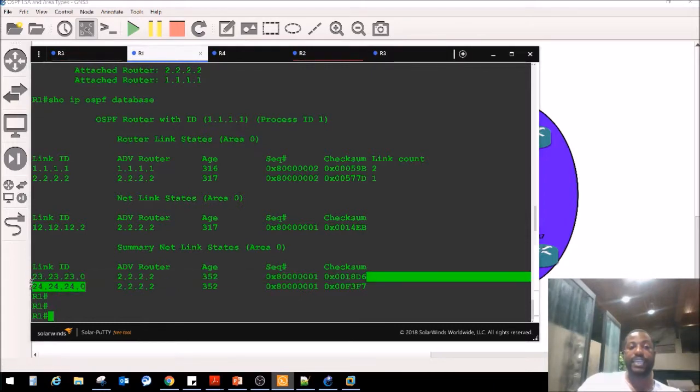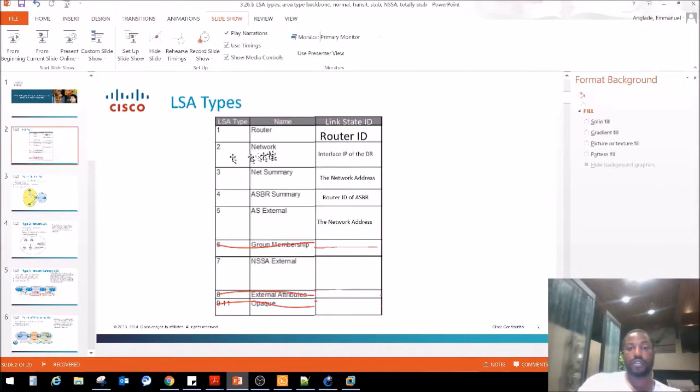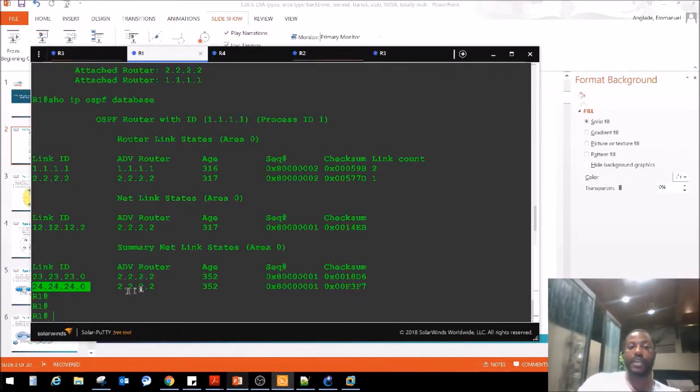This is the link state ID. We said Type 3 link state IDs are the router ID of the ASBR. So what's the router ID of router 2? We said router ID is 2.2.2.2. So that's his router ID, really.